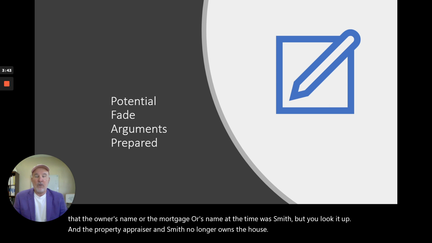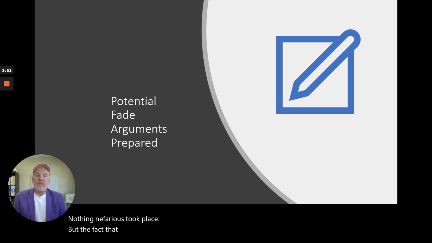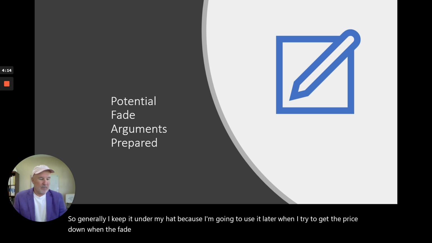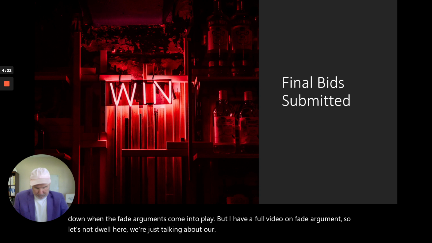Now, you'll dig in further, and most likely you'll find nothing nefarious took place, but the current owner of record in the public records for the county and the name of the original mortgagor don't match. Generally I keep it under my hat because I'm going to use it later when I try to get the price down, when the fade arguments come into play. But I have a full video on fade arguments, so let's not dwell here. We're just talking about our processes.